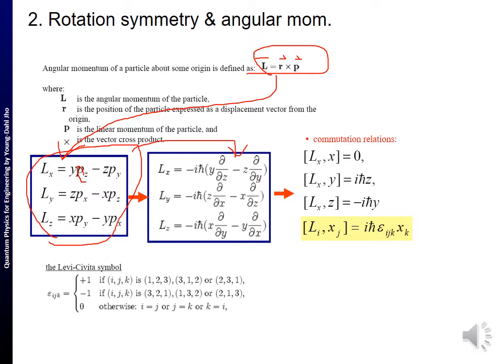If you go through this calculation, [Lx, x] is 0, because there is no x component.